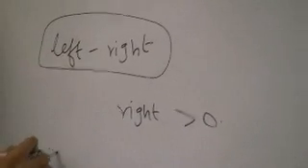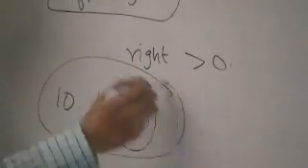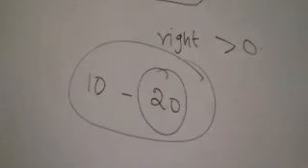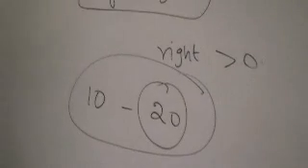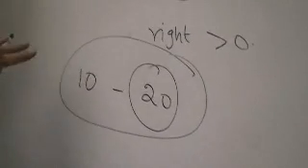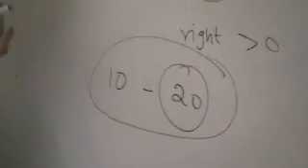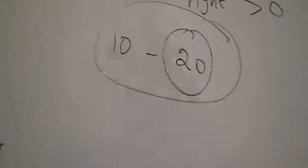So for example, if you have 10, and you are subtracting by 20, as long as this is greater than 0, the overall value is going to only reduce. So if the overall value is going to reduce, you want to check with min or max? Minimum. Overall value is going to reduce, it's going to go towards only the minimum, right?